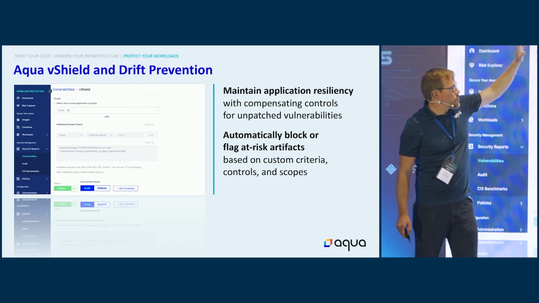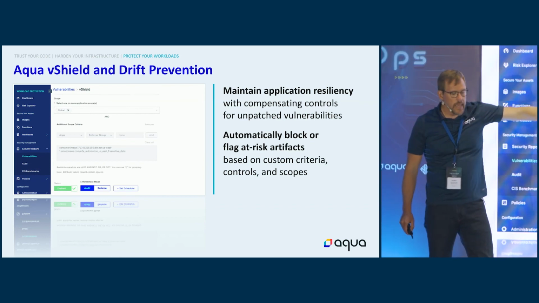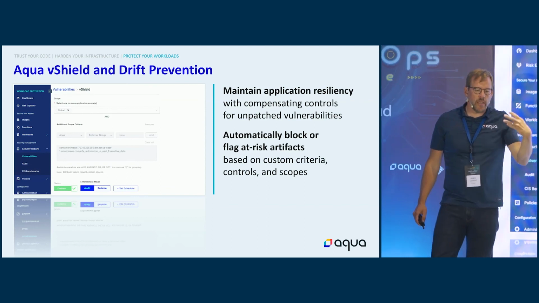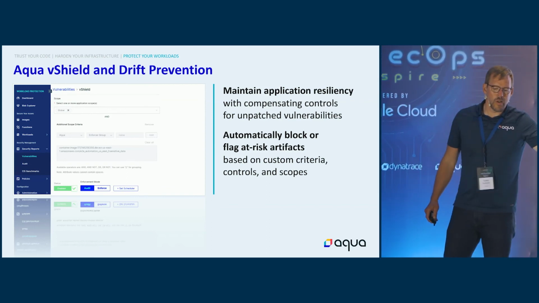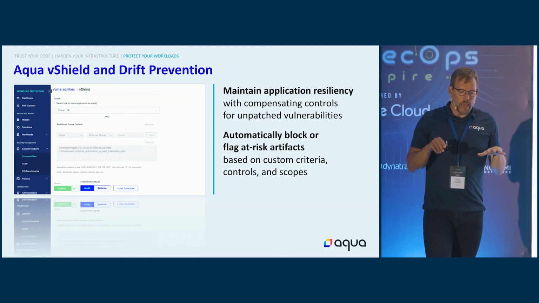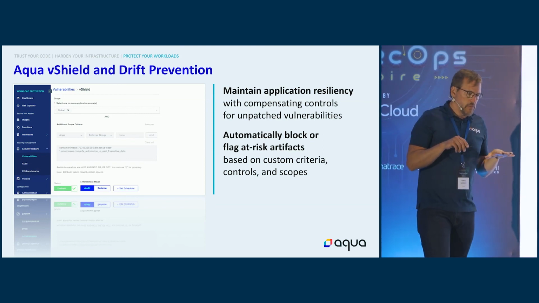As said, we have the drift prevention that hardens your container. We have another functionality called vShield that helps you, if you have a vulnerability on a running workload, to make this vulnerability not launchable.